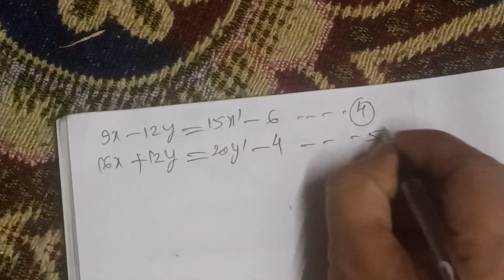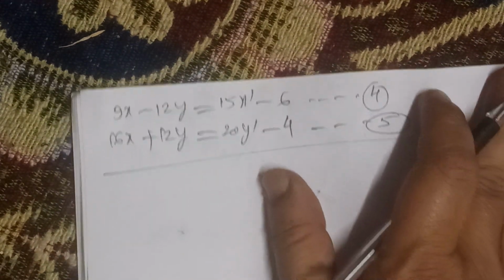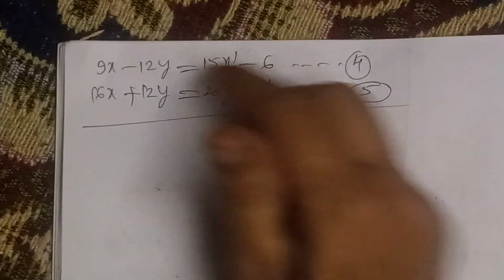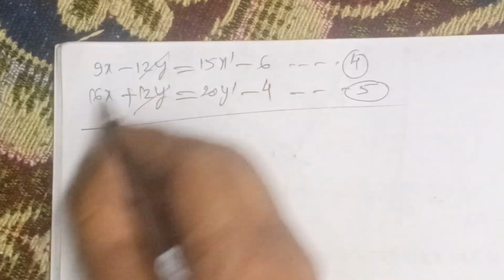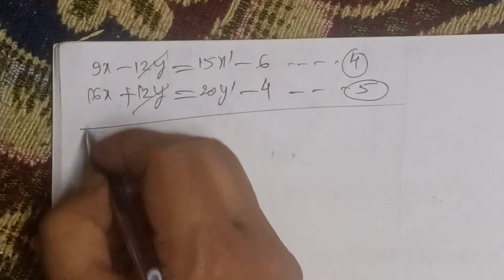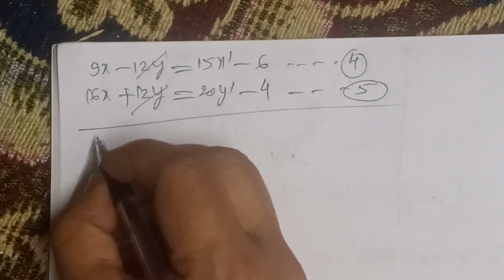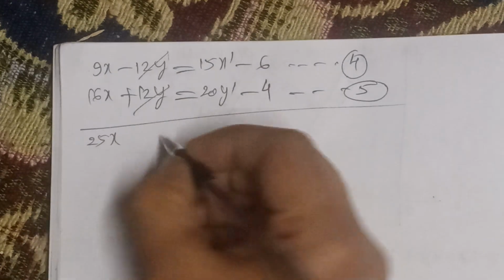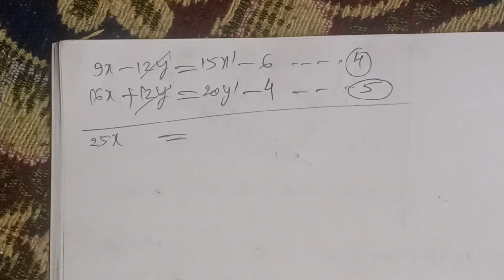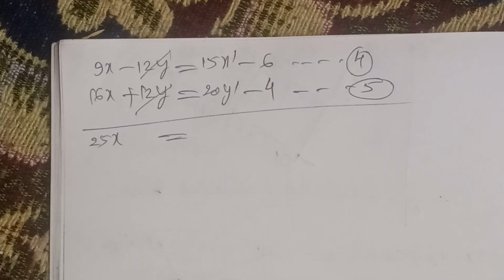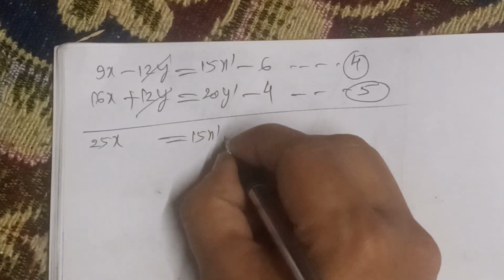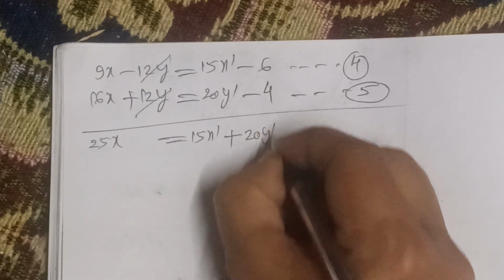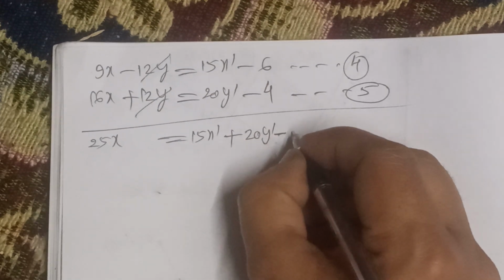On adding these two equations, the y terms cancel out because one is positive and one is negative, and adding the rest we get 25x on the left hand side, and on the right hand side we get 15x dash plus 20y dash minus 10.